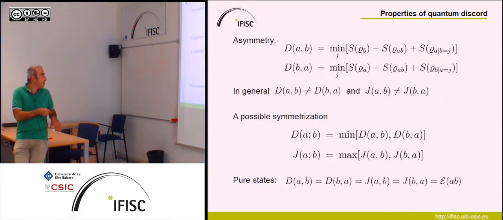No, the principle is this one. First of all, I take the minimum in this case of the 2 measurements, and then I take the minimum between the 2 minima. Yeah, but this is not what is typical. Why should you need to symmetrize in the case of multipartite?